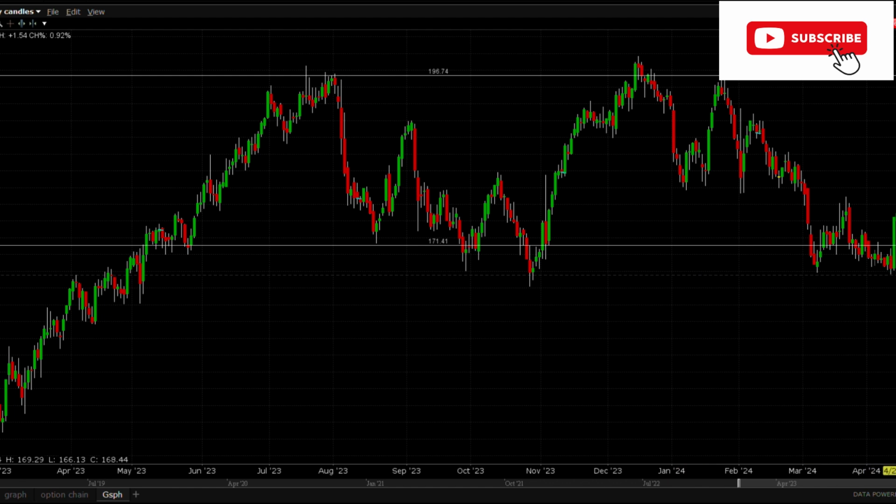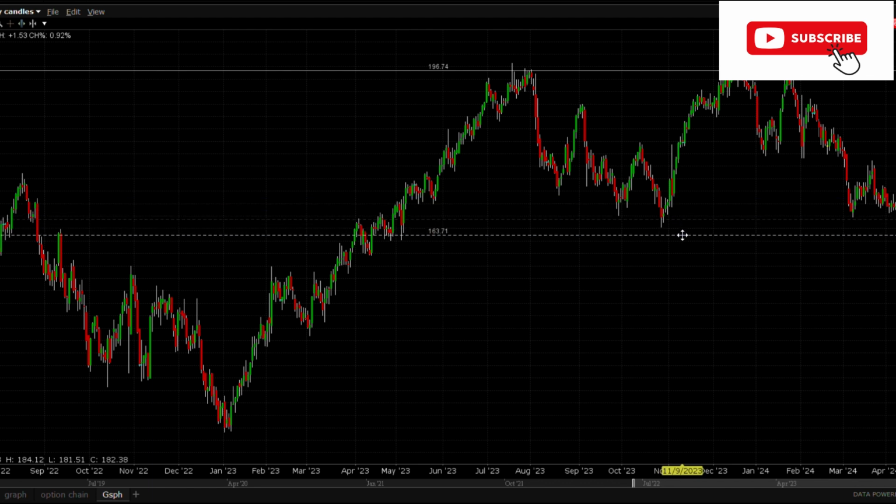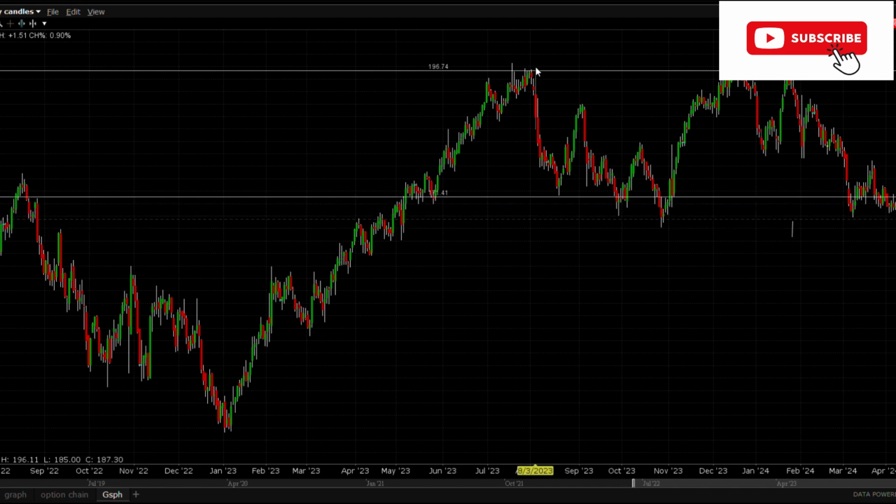But since the price is here, it is not a good idea here. Let's see if this is a good support level. Not really. This is a support, but not a good one. The one that we saw here is a really good one because you see the price action repeating again and again when it reaches this level.